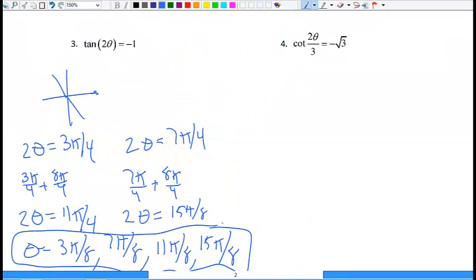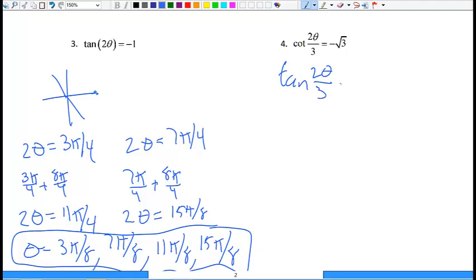Okay. All right. Number 4 is a slight variation on that. I'm going to modify the question just in case we're not quite up on our cotangent facts, because I can rewrite this as tangent using a reciprocal identity.